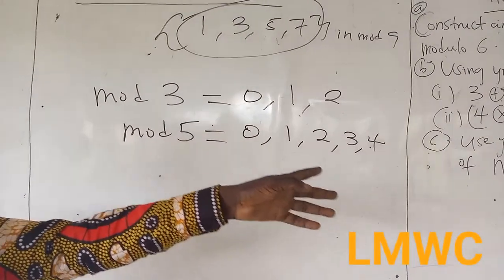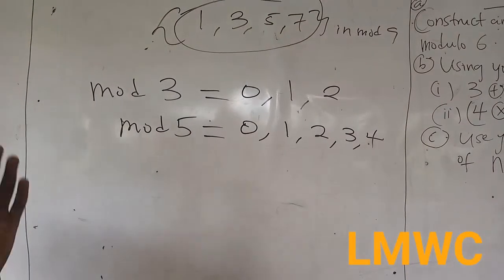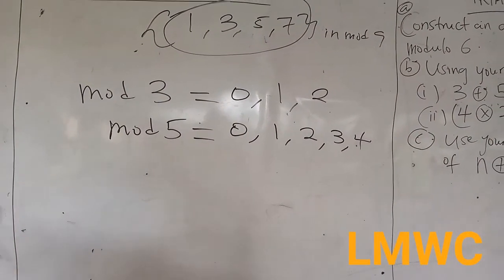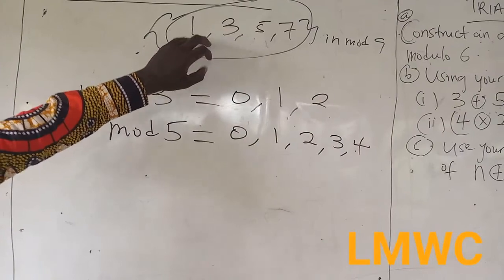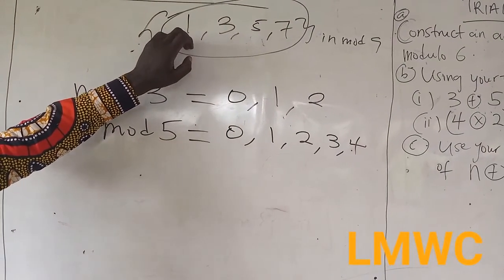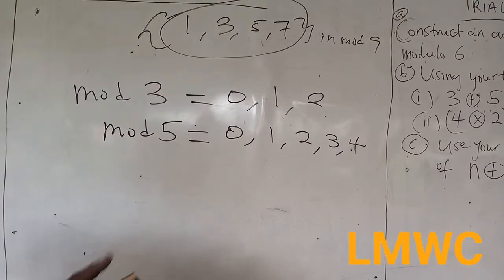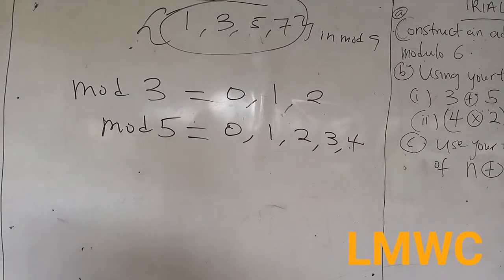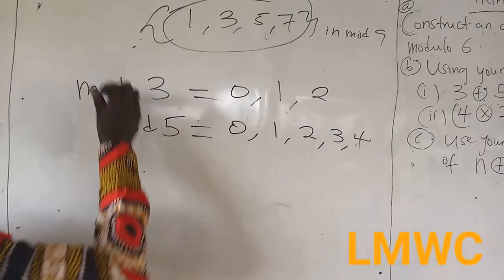So I will divide this session into two parts, and in this first part I have not given you any set of numbers. I will ask you to construct a table for a given modulo.